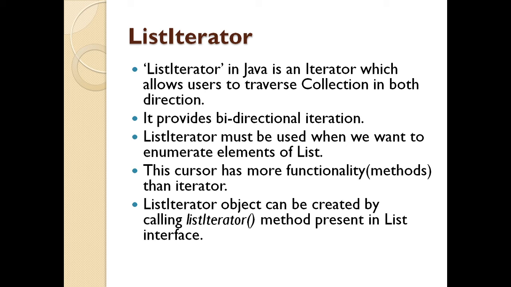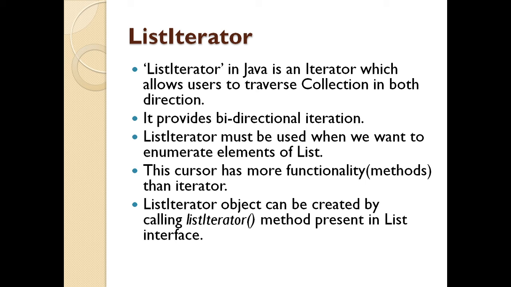So your ListIterator allows you to traverse the collection in both directions. It provides bidirectional iteration. Now ListIterator must be used when we want to enumerate elements of a list. The cursor has more functionality than Iterator. Now a ListIterator object can be created by calling the listIterator method which is present in the List interface.